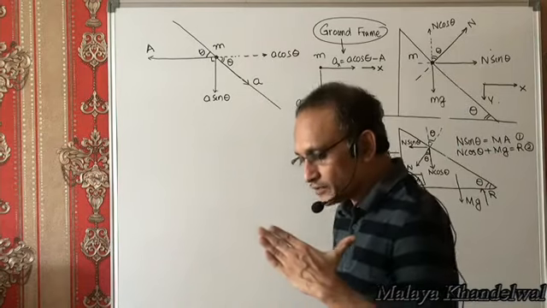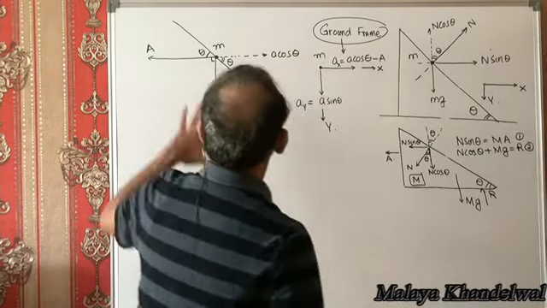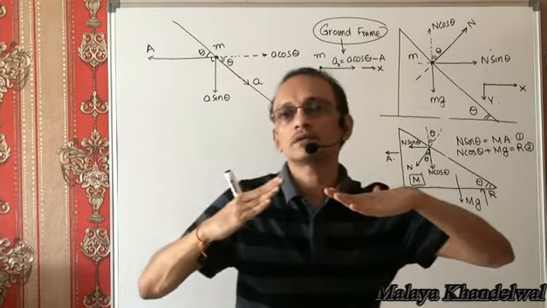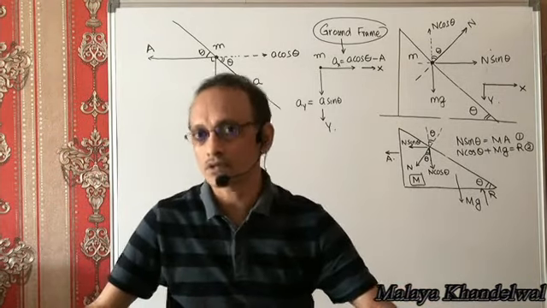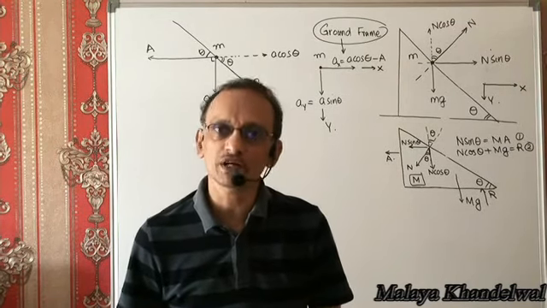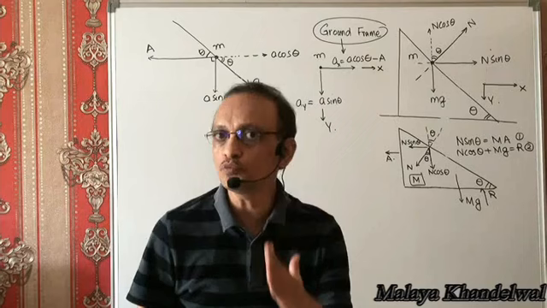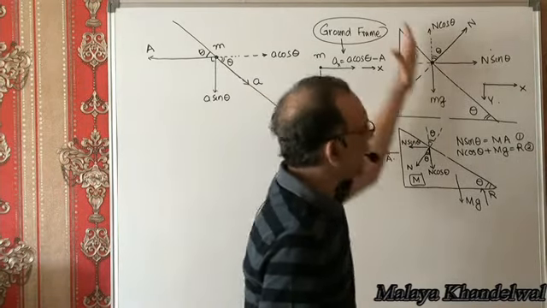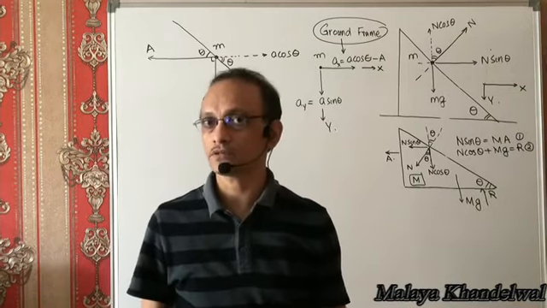With this basic premise of capital A and small a giving me the net acceleration in the ground frame of reference, I chose to write my equations of motion in two mutually perpendicular directions, perpendicular to the plane and parallel to the plane.